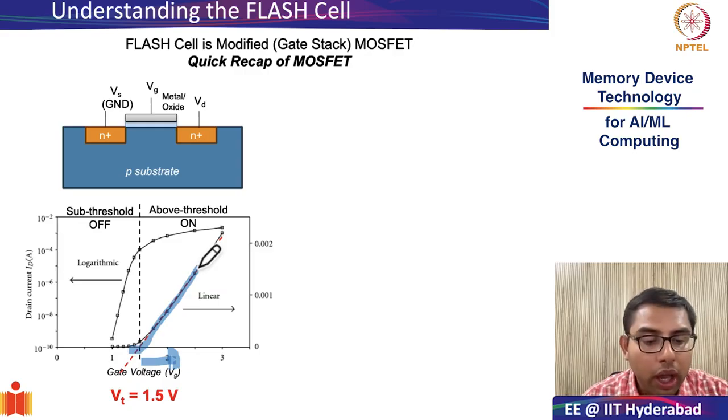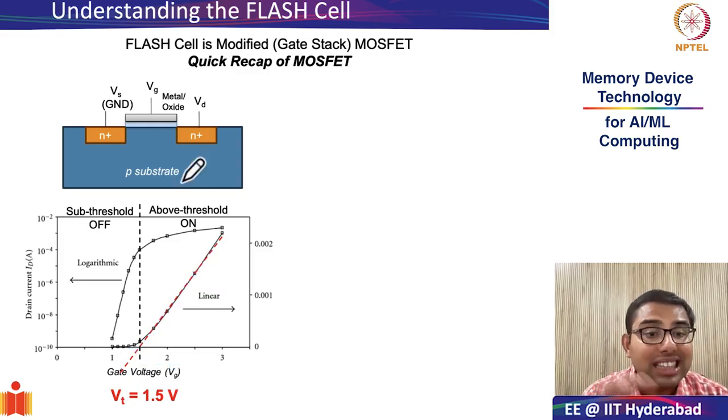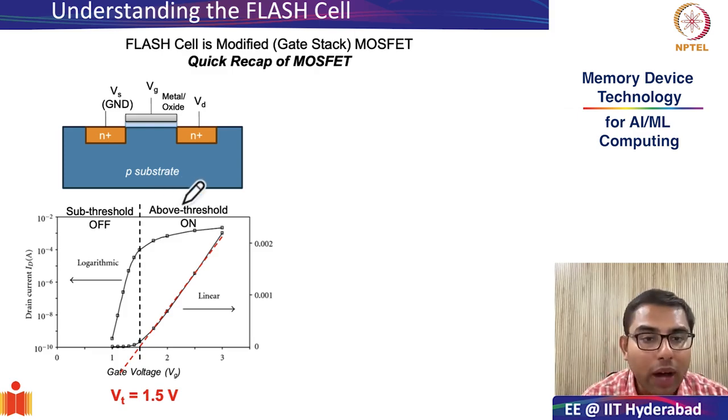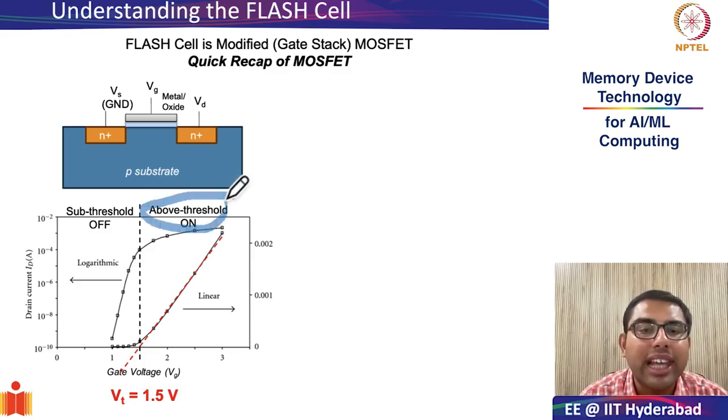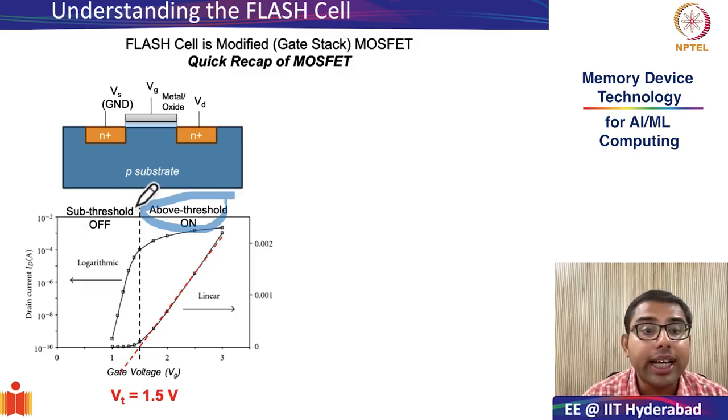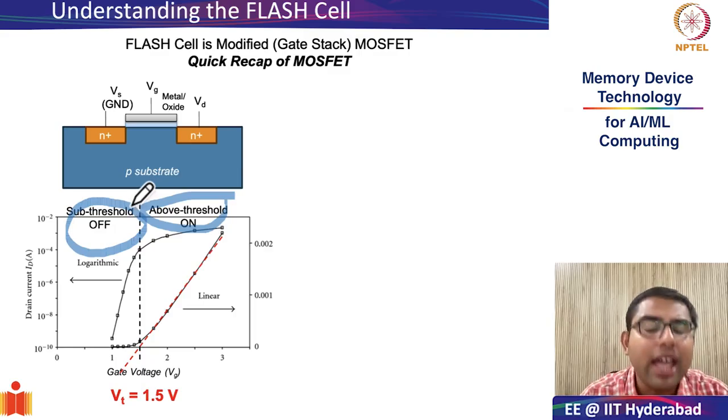Very briefly, the transistor, based on this on condition, can be classified into two regimes. One is your above threshold region, which is also colloquially called the on state of the transistor. On state because the transistor has now turned on. And the other is your sub-threshold region where the transistor is off, because it is showing very low current.